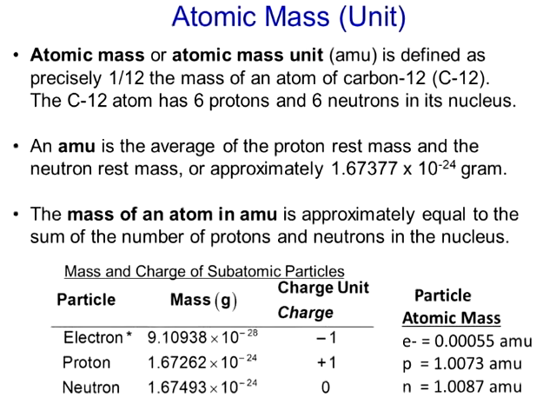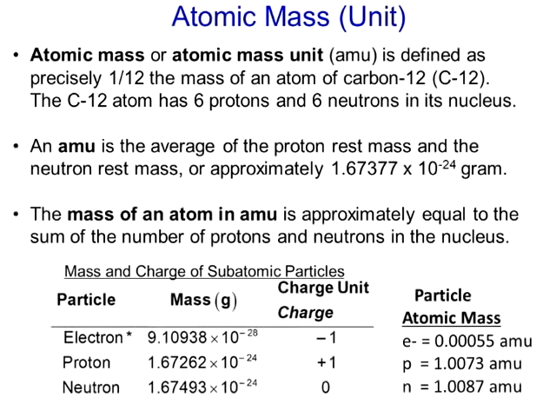Atomic mass, or atomic mass unit, AMU, is defined as precisely 1/12 the mass of an atom of carbon, that is carbon-12. Okay, so essentially carbon-12 is the standard by which atomic mass units are assigned.